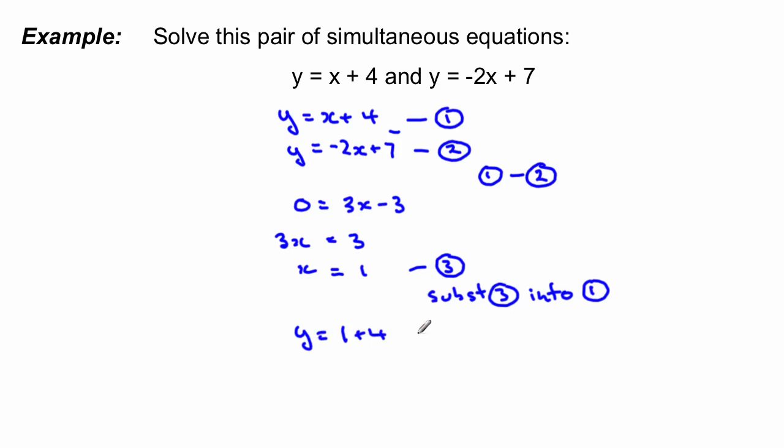So we know that y is equal to 5. Now we've finally got our solution, therefore x is equal to 1 and y is equal to 5. Or if we wish to write it as coordinates where the lines intersect, we would have the point (1, 5) on the number plane.